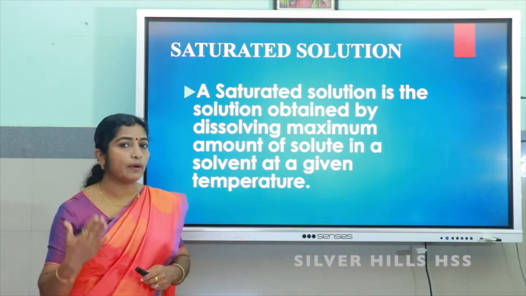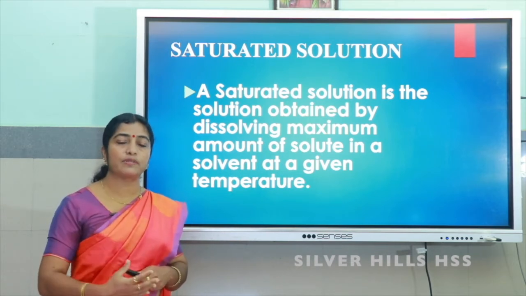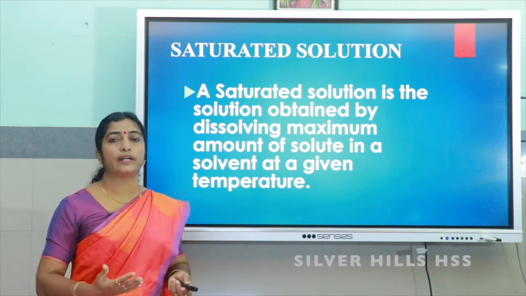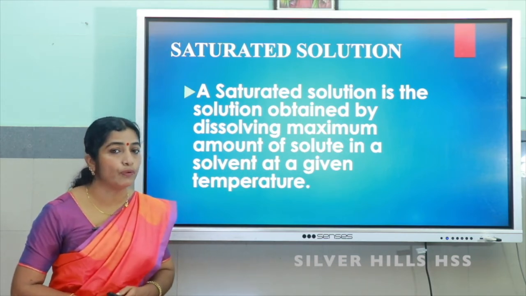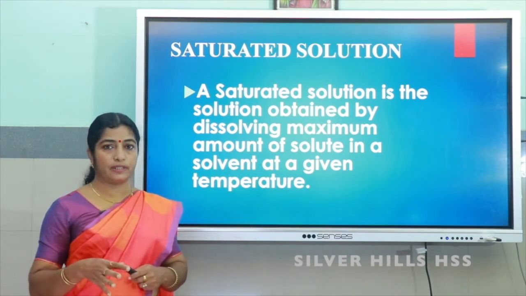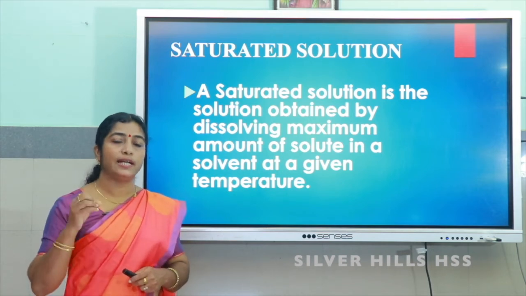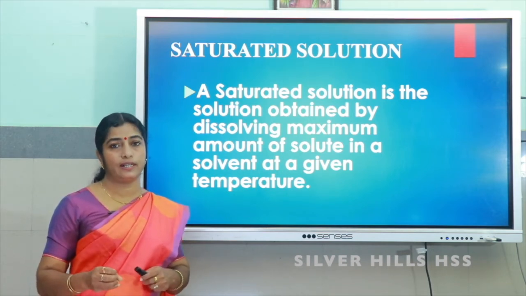But in the case of ammonium chloride, to prepare a saturated solution in 100 grams of water, ammonium chloride required is 41.4 grams.